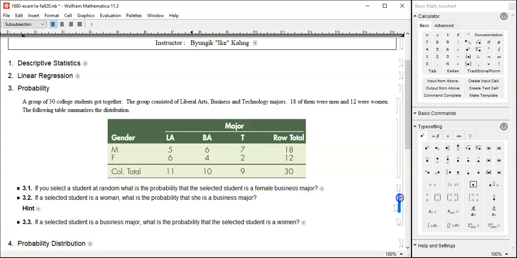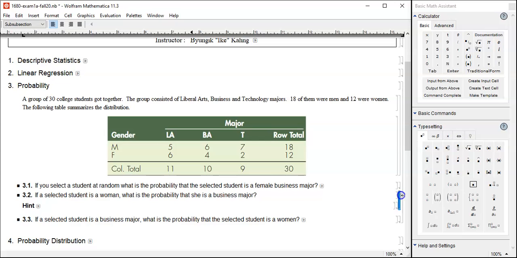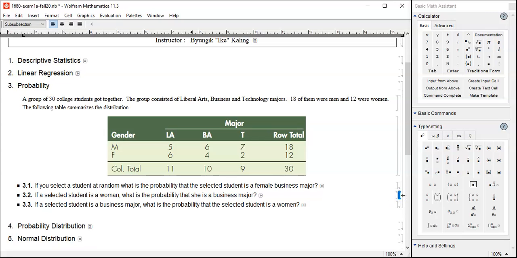So the total is 12. We are completely disregarding all men here. Ladies only here. And the probability, well, you have to find out the numerator, of course, and good luck. It's not too bad. Once you see the condition, it's easy.